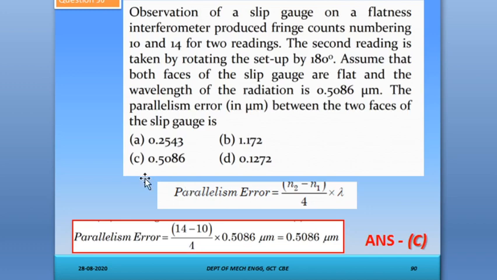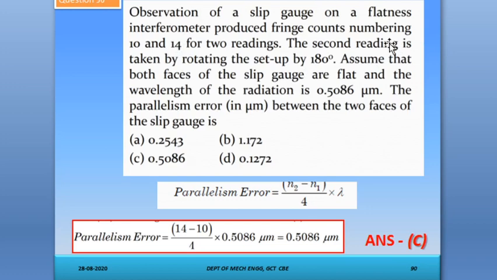The formula we have seen in the part 1 lecture: parallelism error equals (N2 minus N1) divided by 4, into lambda. The lambda value is given. N2 is the second reading after rotating the table 180 degrees, the value is 14.